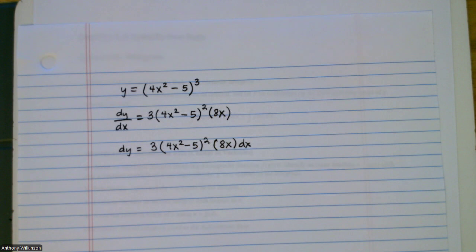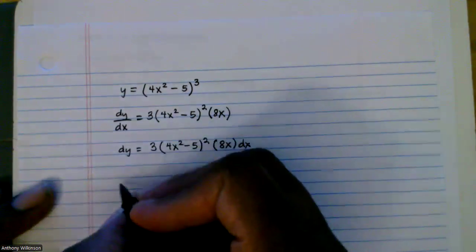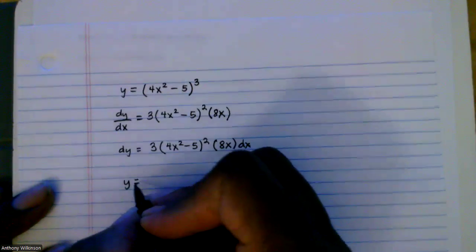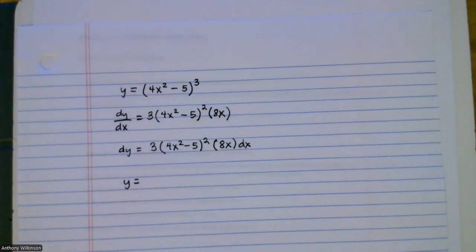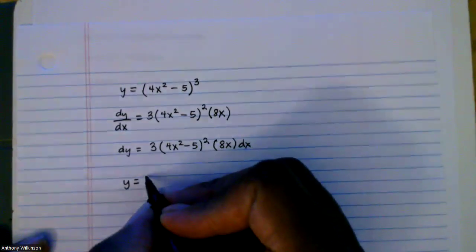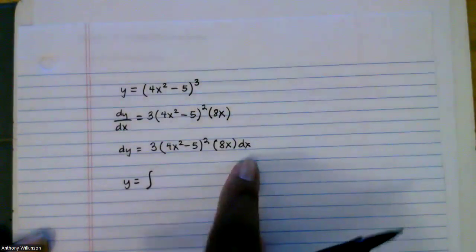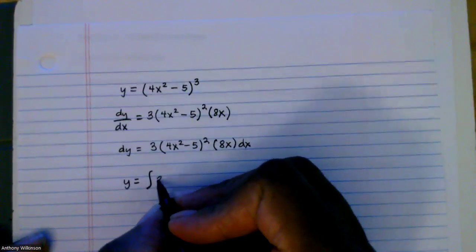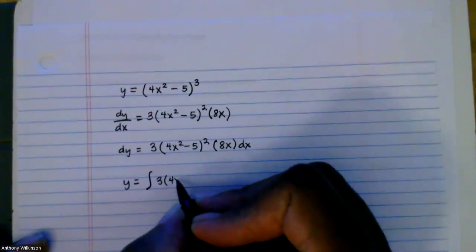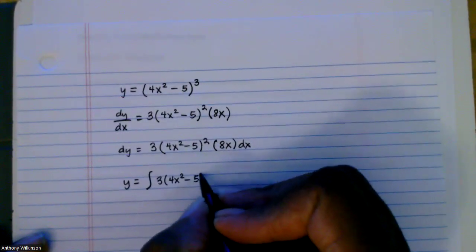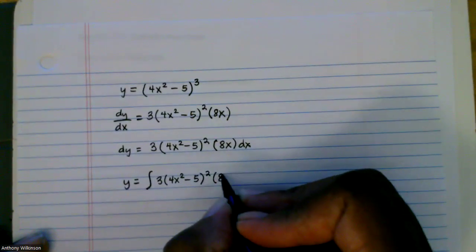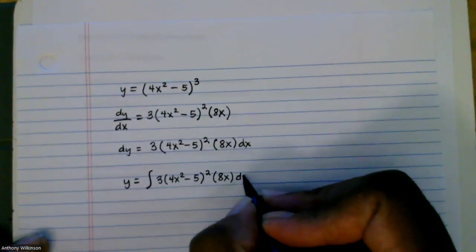So, to find out what y is, and I'm going to show you how this is done when we work backwards, we're going to take the integral of this right here. The integral of 3 times the quantity 4x squared minus 5 quantity squared times 8x dx.